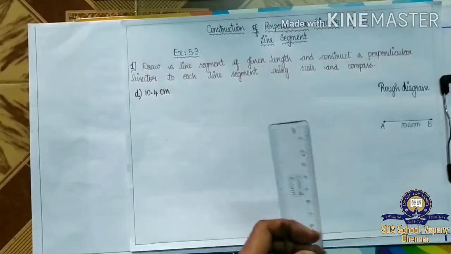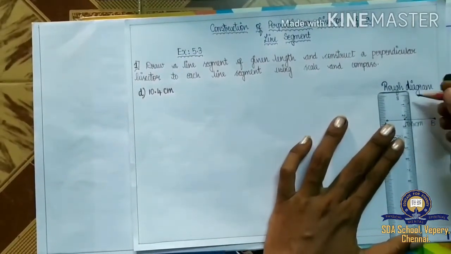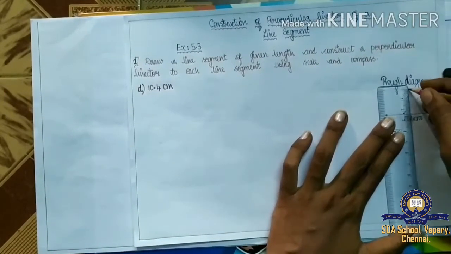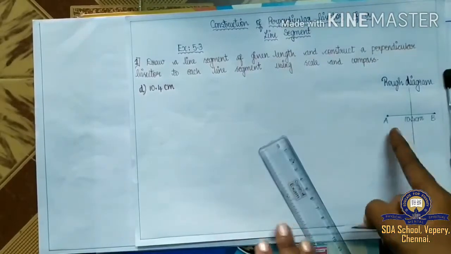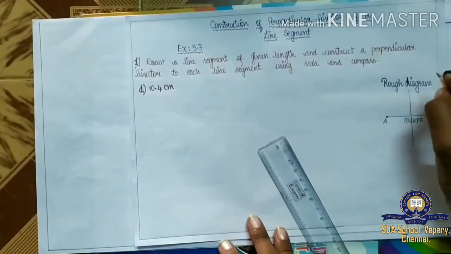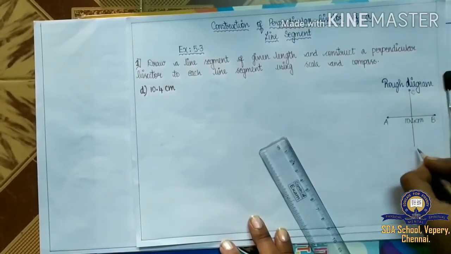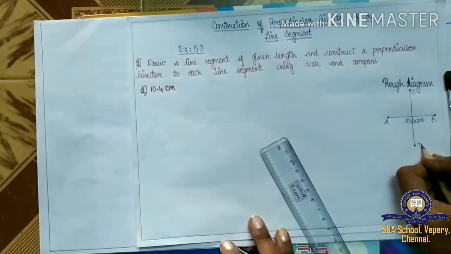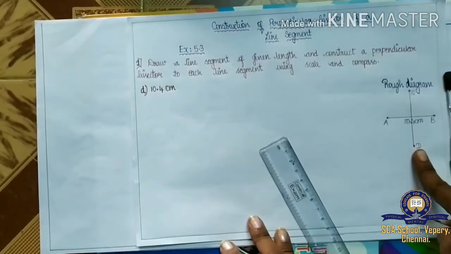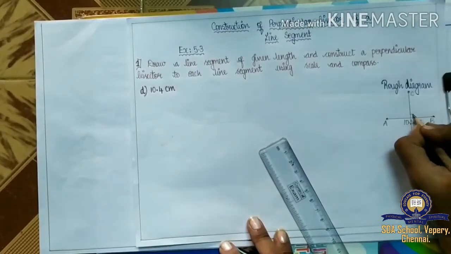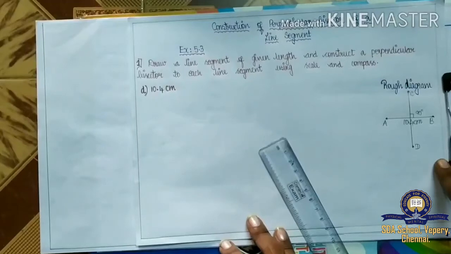Now I am going to divide the line segment into two equal parts, and we name it as C and D. The perpendicular line intersects at 90 degrees, right? I think you are clear.